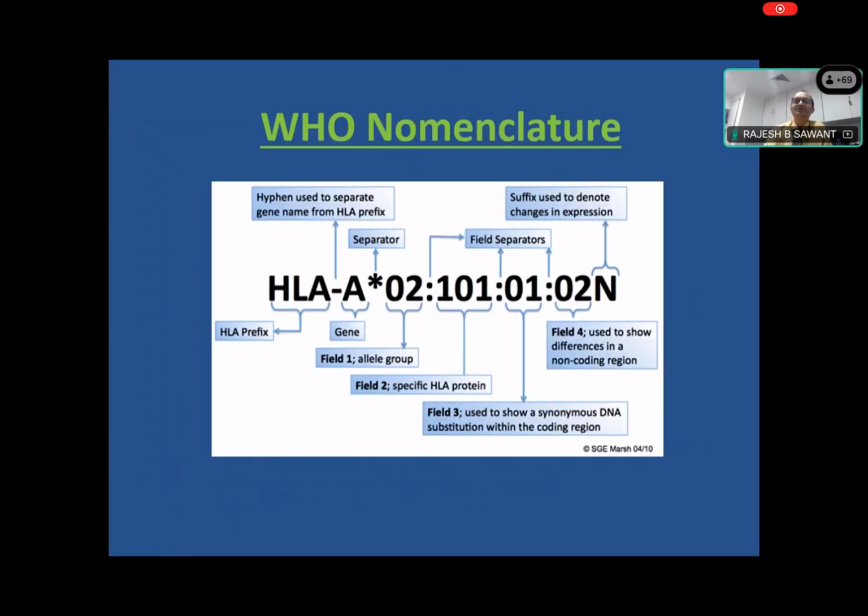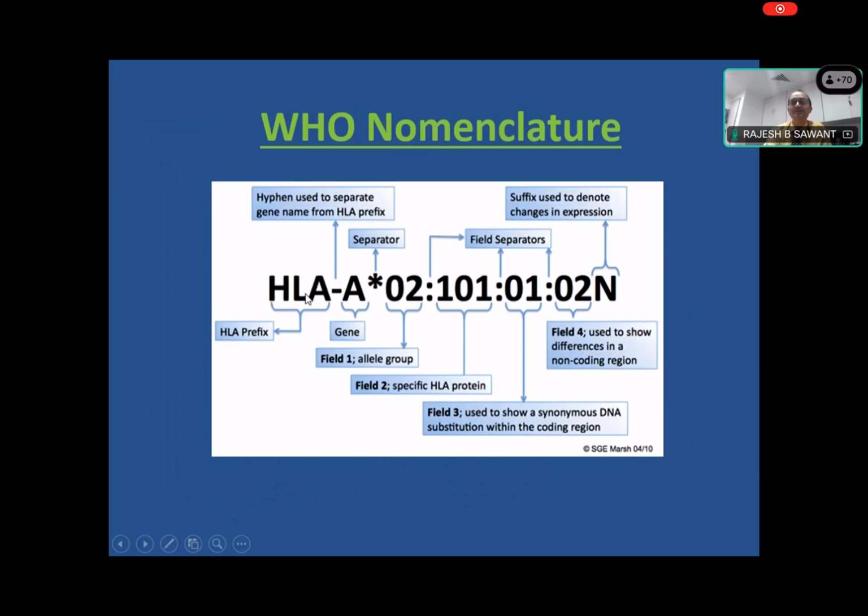So when we are talking further about HLA and transplantation, what we need to know is how to read the HLA. There is the WHO nomenclature system, where first you will have the prefix, which is HLA. So you may have HLA-A, HLA-B, HLA-C, or HLA-DR, and so on.